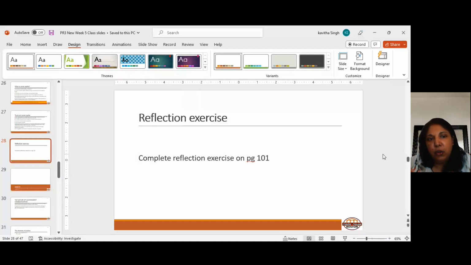So I'm currently using PowerPoint. You can see the image of my face in the one corner and you can see the slide on the screen. I want both of you to talk me through both reflective exercises. It needs to be recorded and sent through to me by 12 o'clock tomorrow, which is Wednesday, the 22nd of March.